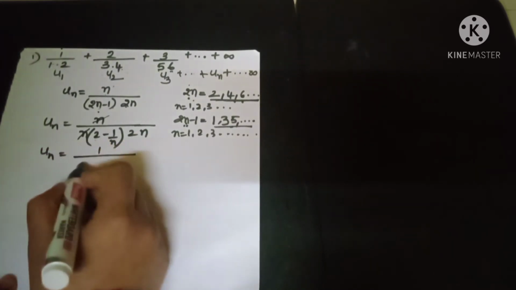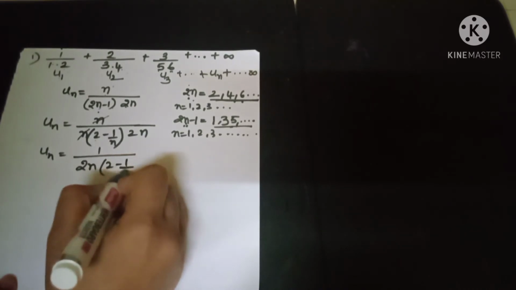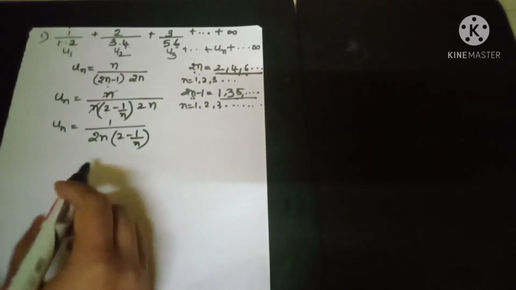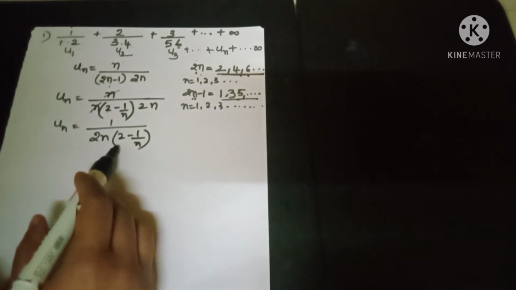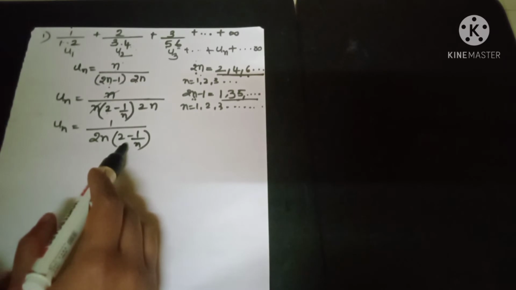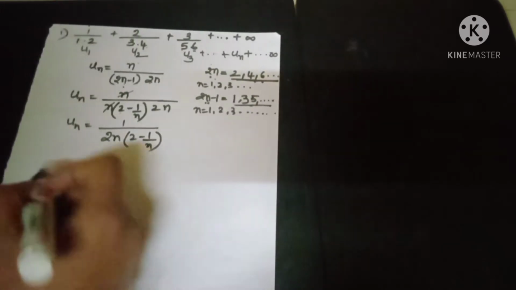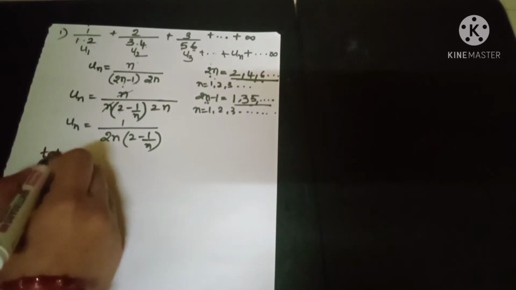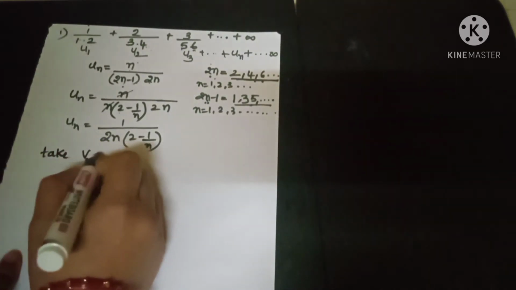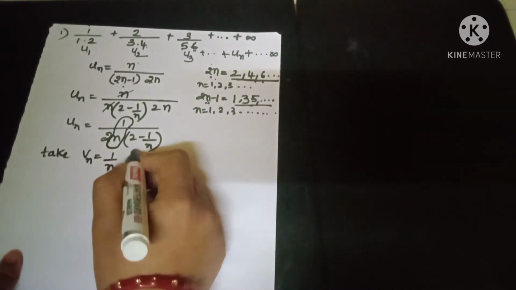Then un will be 1 upon 2n into 2 minus 1 by n. By solving like this with 1 by n, it will be very easy to apply the limit and choose the auxiliary series vn. So take vn equal to 1 by n as the auxiliary series.